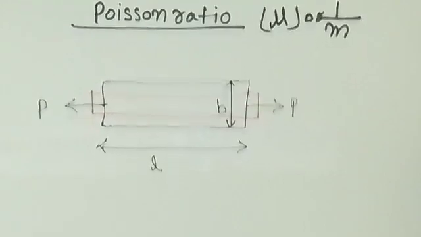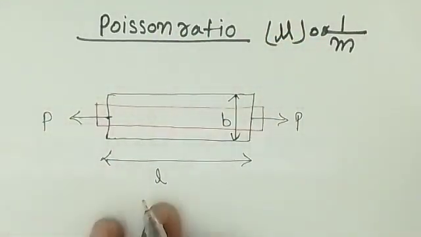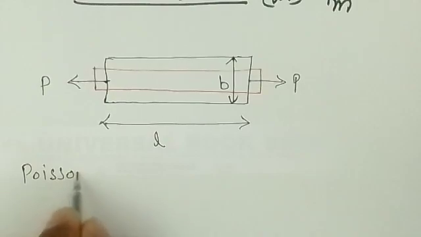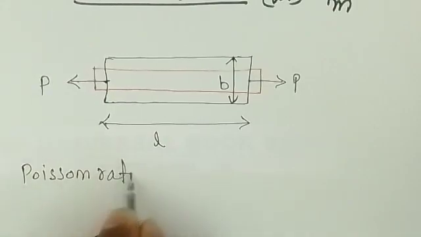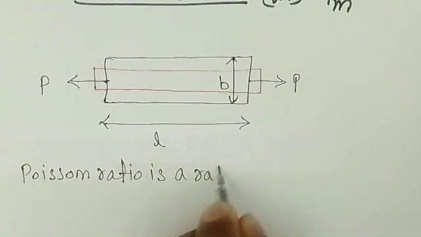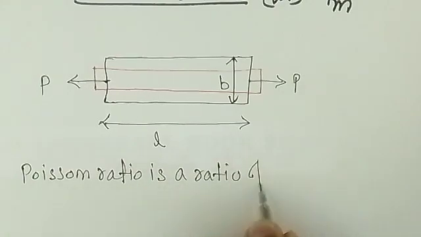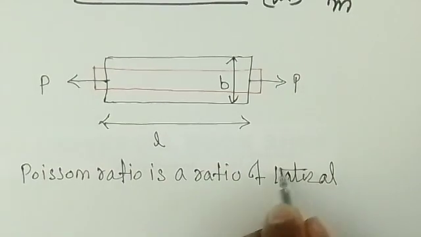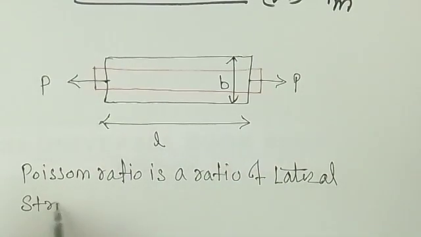So now we can say that the Poisson ratio is the ratio of the lateral strain to the longitudinal strain. You can write it here: the Poisson ratio is a ratio of lateral strain to the longitudinal strain.